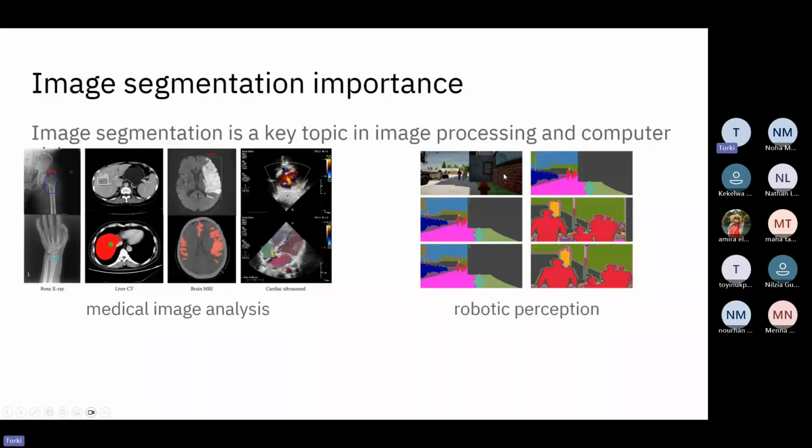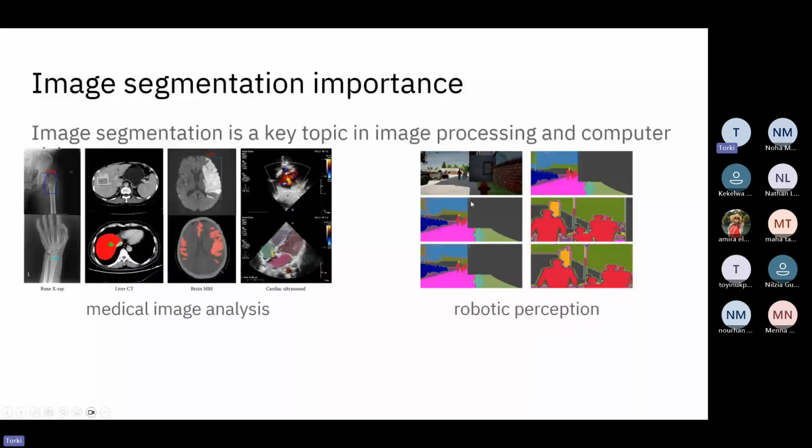So for example, here every pixel that is on a car will be given the same color code. And every pixel that belongs to a person, maybe a child or adult, will be given the same color code. The sky, all of it, has the same color code. And what is on the right side here is just zooming in on this region.